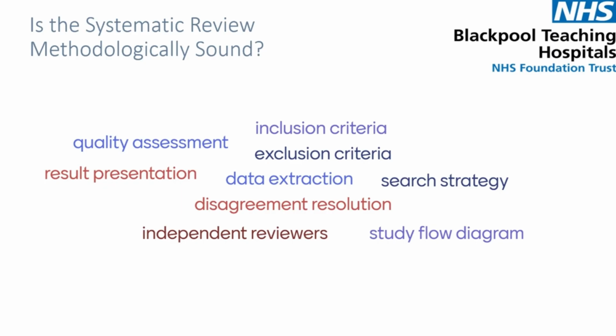Assess whether the review describes how quality of the included studies was evaluated and whether the differences were resolved appropriately. You also want to check if the search strategy was robust enough. And in this section, you are able to answer the research question when the method that was used is robust enough. So a rigorous method means that the review findings are more reliable.